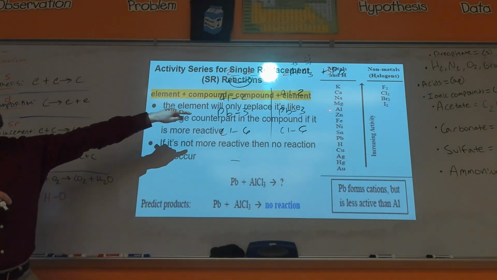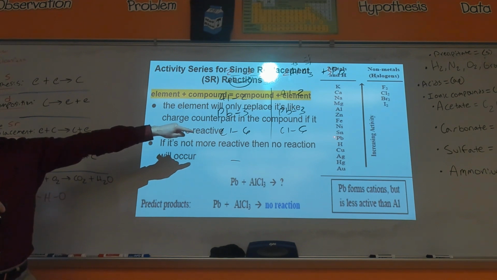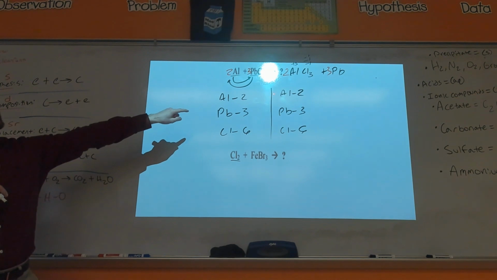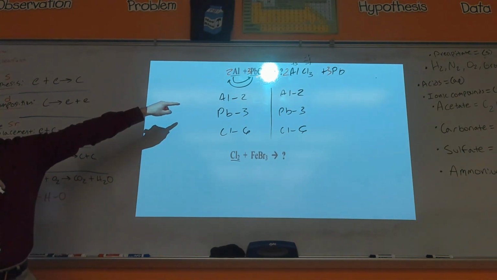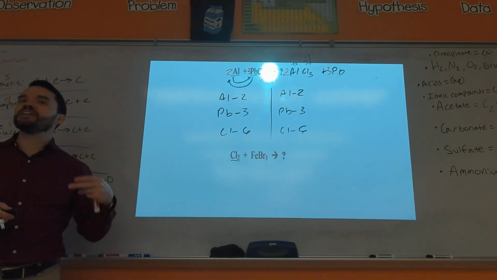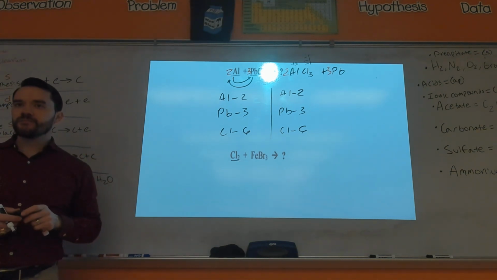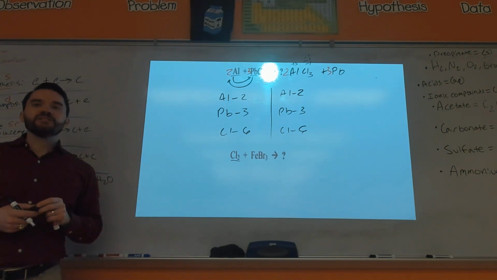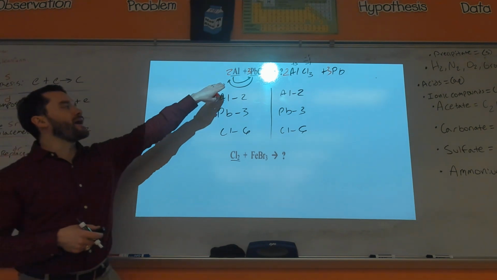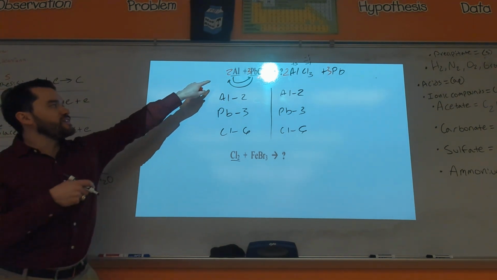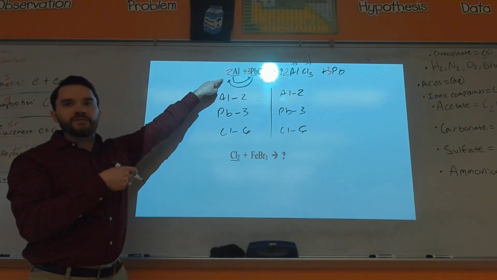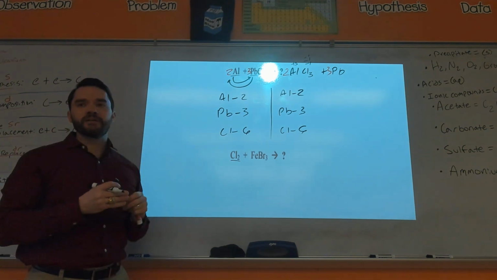It's more reactive than the thing in the compound, which was lead. So lead here was part of the compound with chlorine. So it is going to then switch with aluminum. The reaction will happen like you have been predicting. So the one by itself is the one that would be higher up? Yes. You look at the one by itself, that's how you know then which one to focus on in the compound. And that's how you know which two you're comparing.